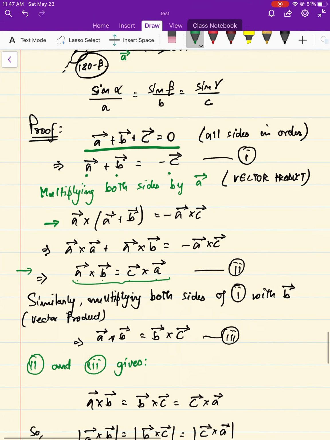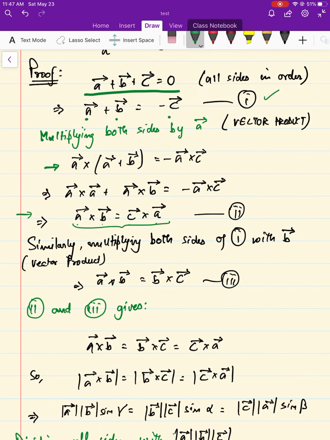Similarly, multiplying both sides with this equation, this is a base equation, and first of all I multiply this with A cross, so that means I do a vector product with A, and then I do a vector product with B, and then I obtain these two expressions, which are given in 2 and 3.